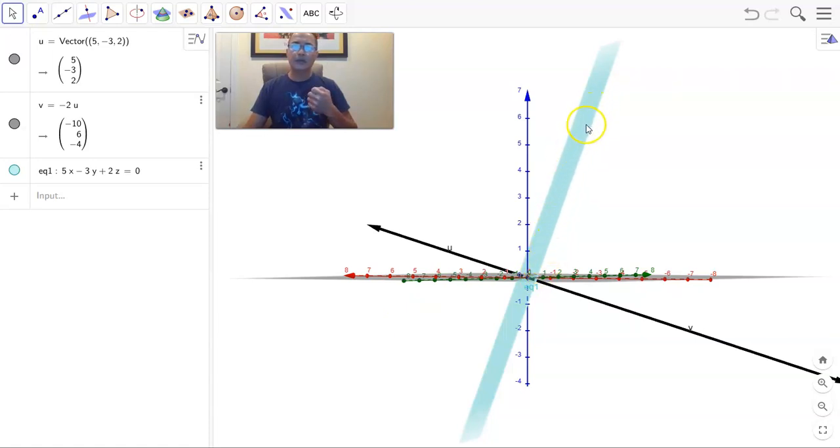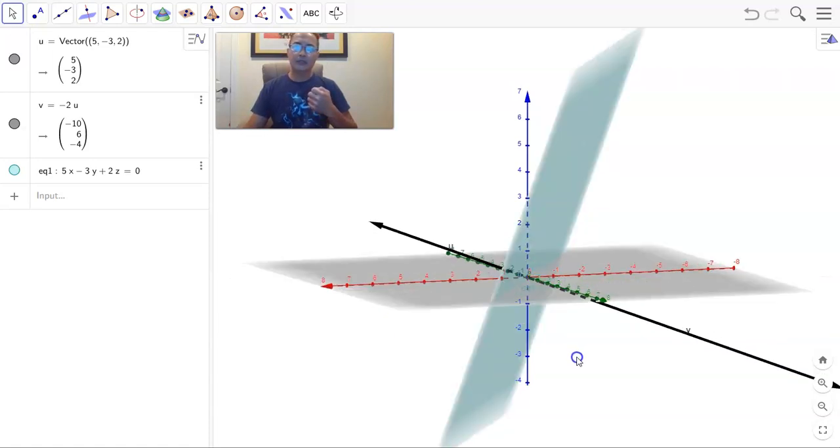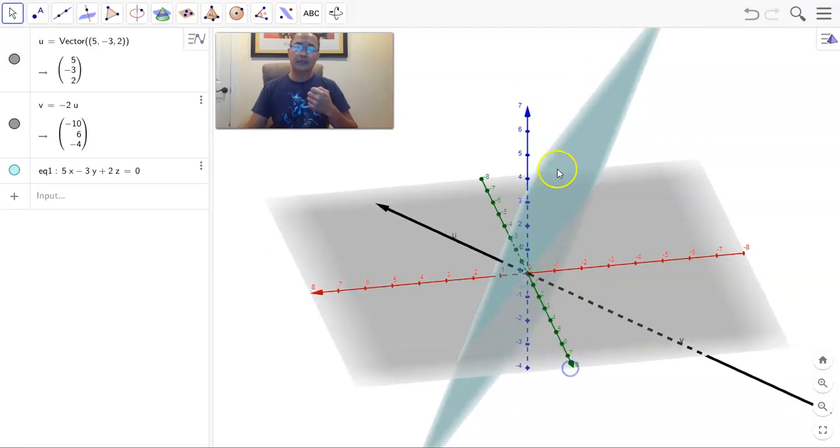If you start now with a plane through the origin, and you ask, who are all the vectors that are perpendicular to each and every vector on that plane? Well, that has to be the normal line. So again, subspaces in R3 come in orthogonal complement pairs.